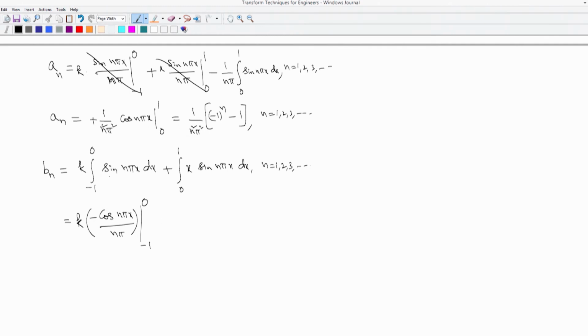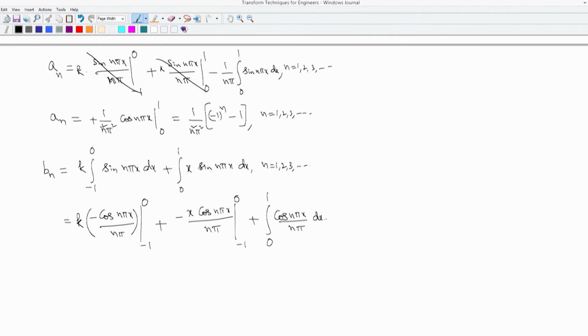That is the simple integral, the first integral. Here you do the integration by parts for the second integral. So you have again minus x cos n pi x by n pi, for which you apply limits 0 to 1, and you have this integral from 0 to 1 of cos n pi x by n pi, since the derivative of x is 1.